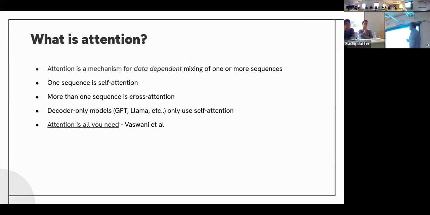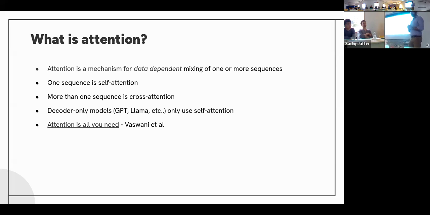So I've left attention a bit of a black box. So what is it? Attention is a mechanism for data-dependent mixing of one or more sequences. If you have one sequence, it's called self-attention. It is attending to itself. And if we have more than one sequence, it's called cross-attention, right? You may have seen some of these image language models, or encoder-decoder models like T5, which was very popular with Google and people still use a fair bit.